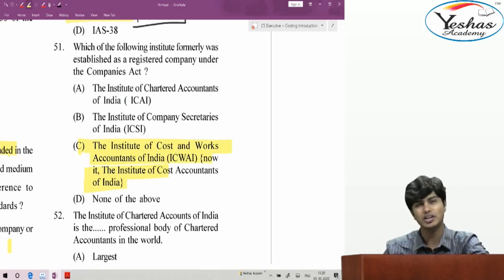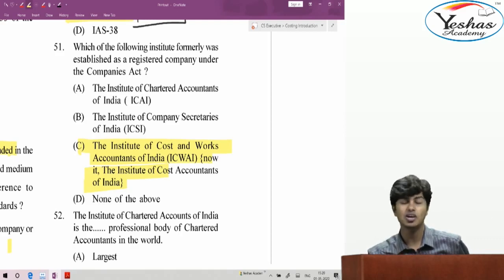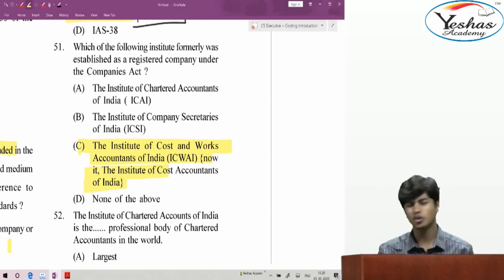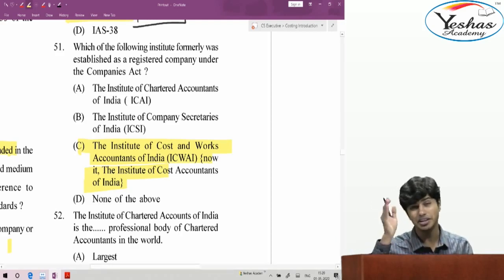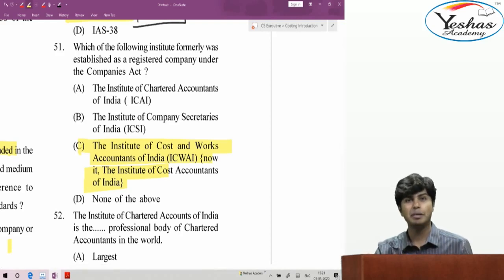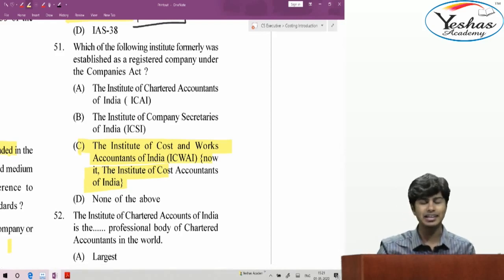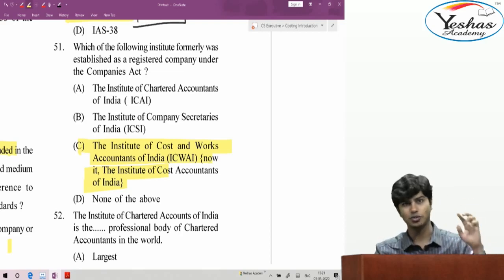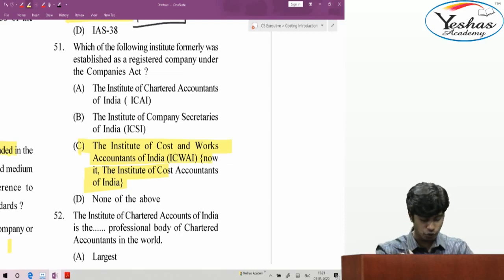Till then it was actually a company under the old Companies Act, registered in 1944 only. In 1959, it became a separate institute, ICWA. Later, the name was changed to ICMA, Institute of Cost and Management Accountants. As of now, it is ICAI, Institute of Cost Accountants of India. So that is with respect to question number 51.